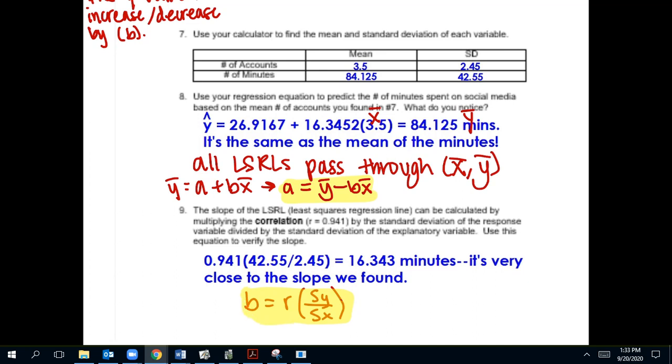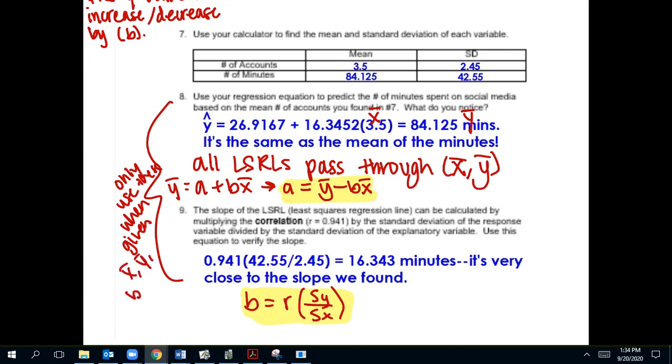Now I'm going to highlight this and say only use these when given x bar, y bar, or sy and sx. So you don't have to use those all the time. It's only when you're provided with those values. I just wanted to show you how the formulas work before you saw them.